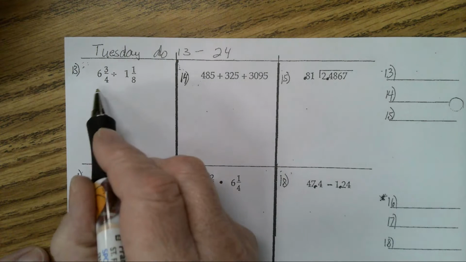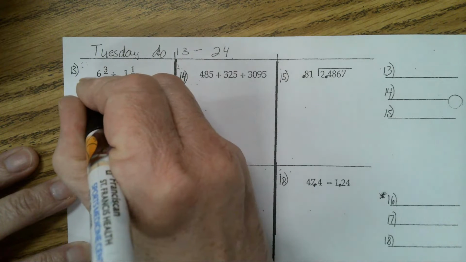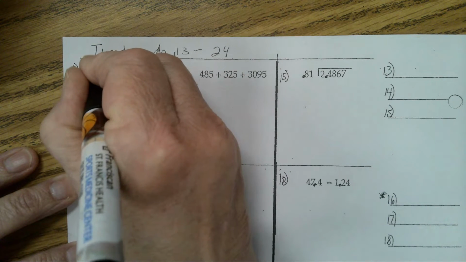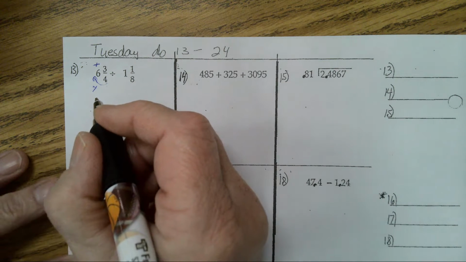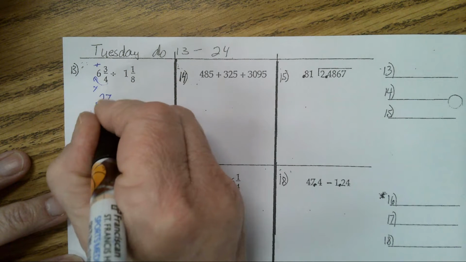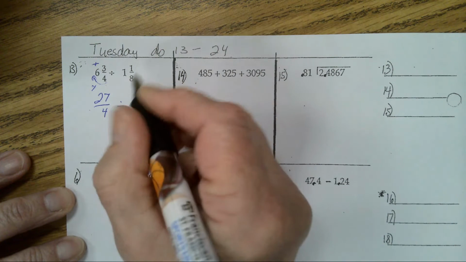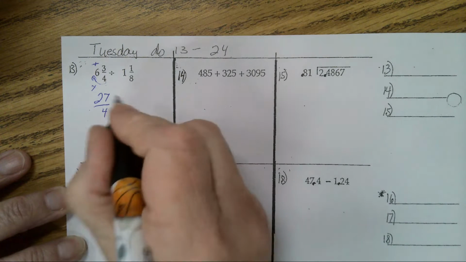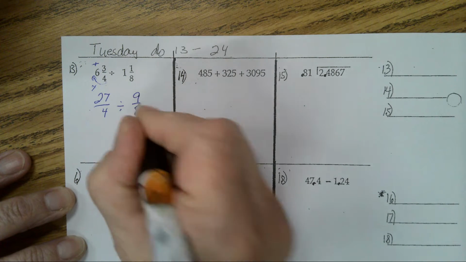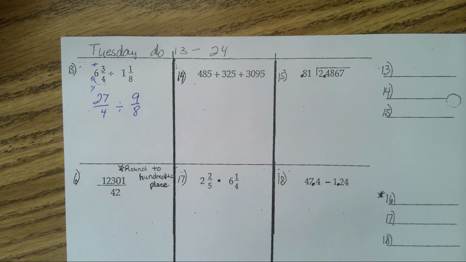You multiply, add, and put it on top. 4 times 6 is 24, plus 3 is 27 over 4, divided by 8 times 1 is 8, plus 1 is 9, 9 eighths. That was our step 1. Everyone thumbs up now. When you multiply or divide, change them to improper fractions.